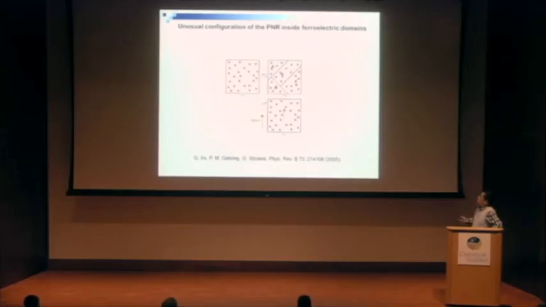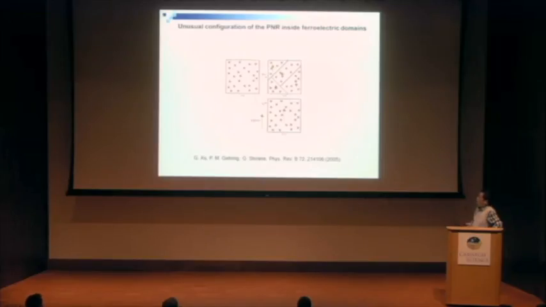By zero field cool, the ferroelectric domain is established along different 111 directions, and the 110 type polar nanoregions tend to align perpendicular to the 111 polarization of their surrounding ferroelectric domain.